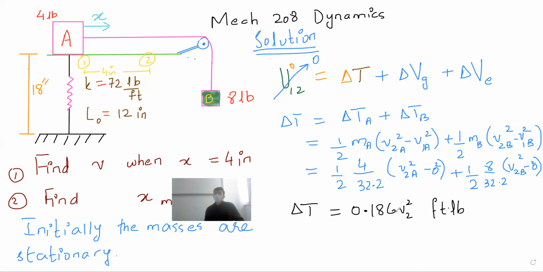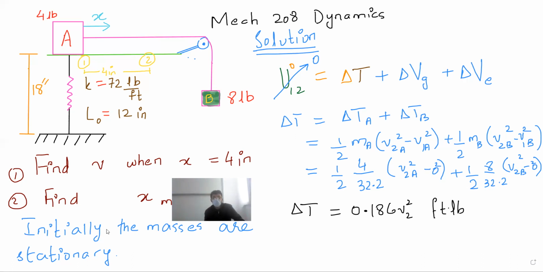What did you get? Really? And what about Ogu? 0.186? Okay. Now V2A is equal to V2B, therefore I remove the A and B, okay? Okay, done. Question is over.